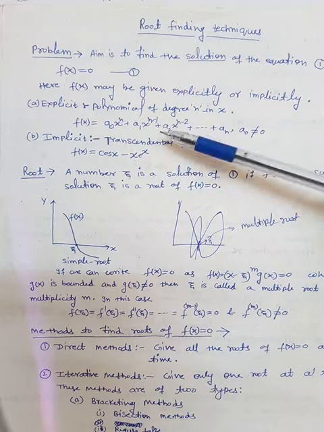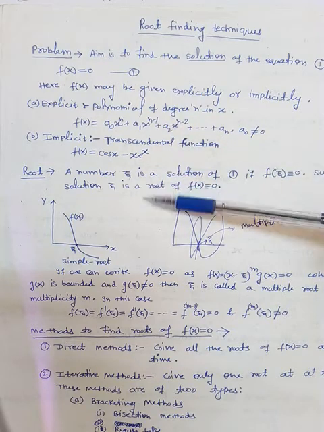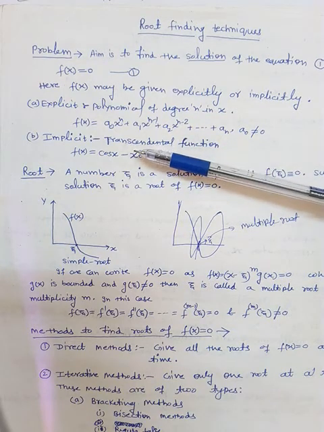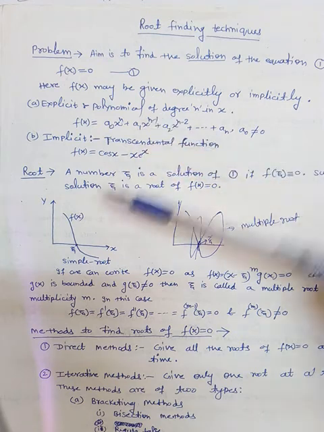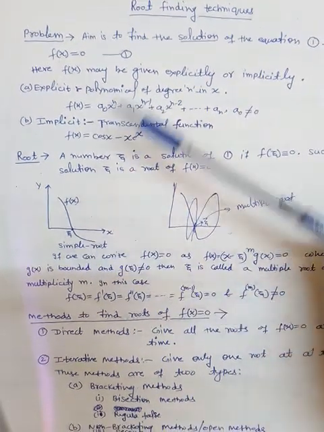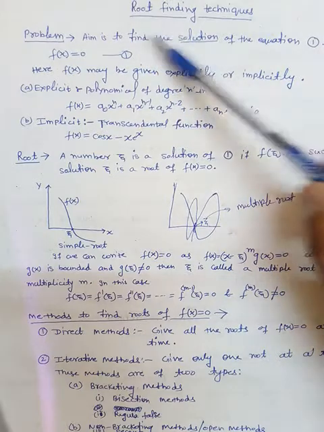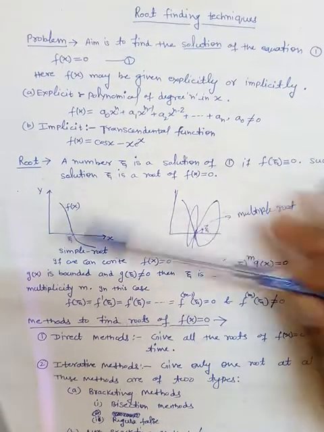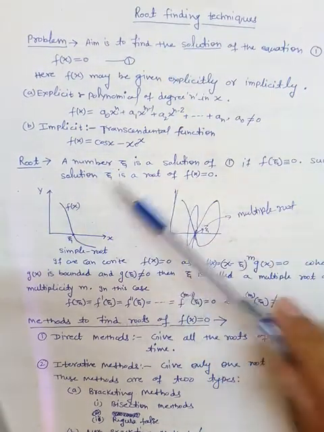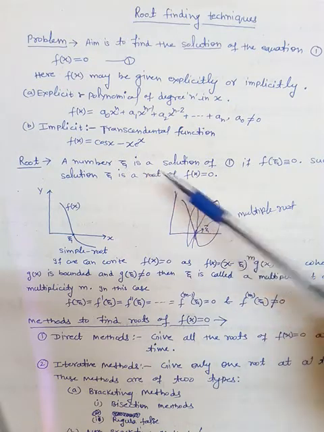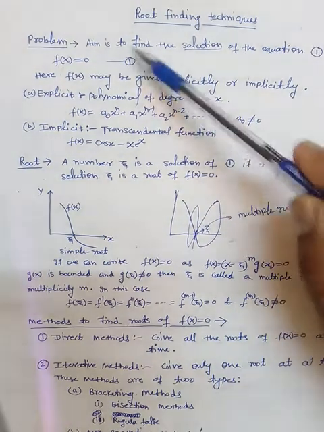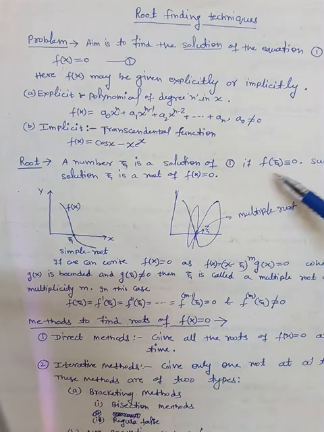Now we will discuss the methods to solve this type of equation. First, what is the meaning of a root? Here we are saying this is a root finding technique. A number xi is a solution of equation 1 if f of xi is equivalent to 0.